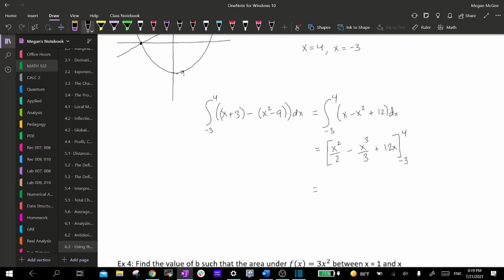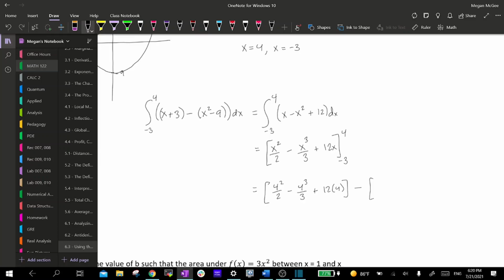So we get 4 squared over 2 minus 4 cubed over 3 plus 12 times 4 minus -3 squared over 2 minus -3 cubed over 3 plus 12 times -3.